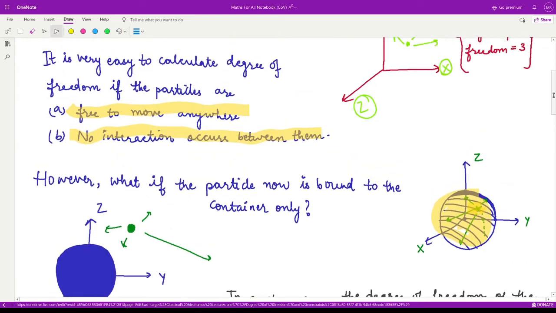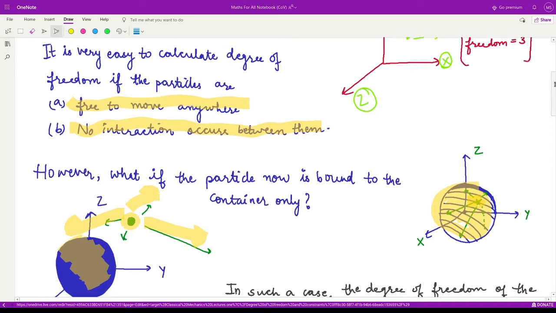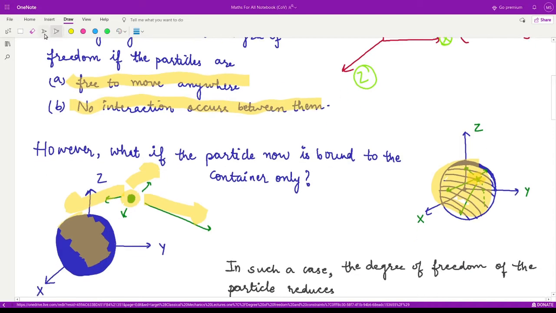Or suppose you have some other situation where you have a solid ball here, and a particle of gas is moving outside this spherical ball. So it cannot enter the sphere and it will move everywhere but the sphere, right? So in that case, we say that we have applied some kind of restriction onto the movement of particles and the degree of freedom of that particle is not so easy to calculate, right?